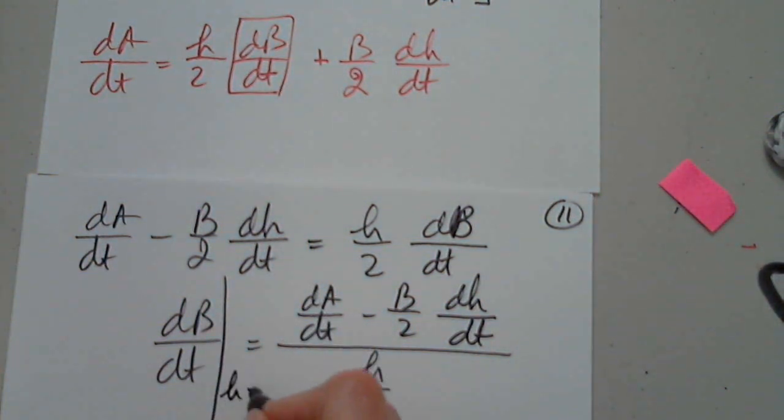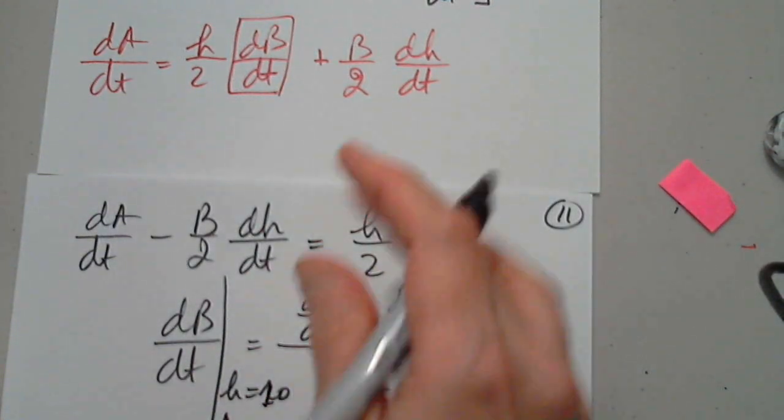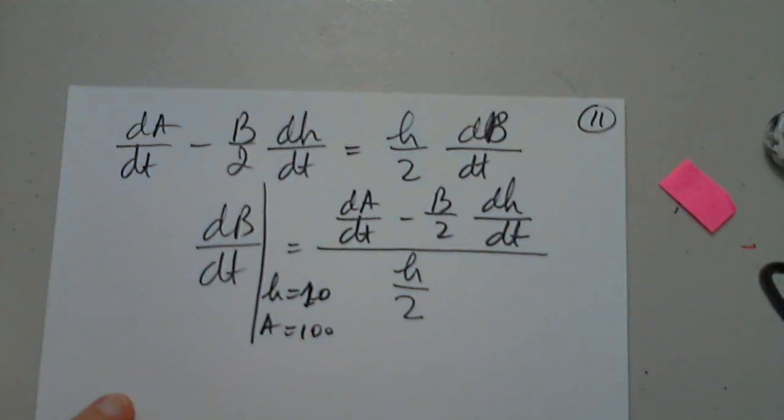And now, when h is 10 and A is 100, as you know, this is the trap. If you plug it in from the beginning, you're not going to get anything.